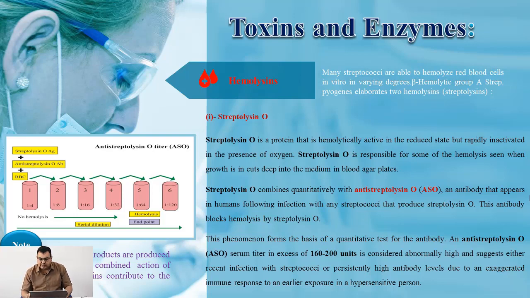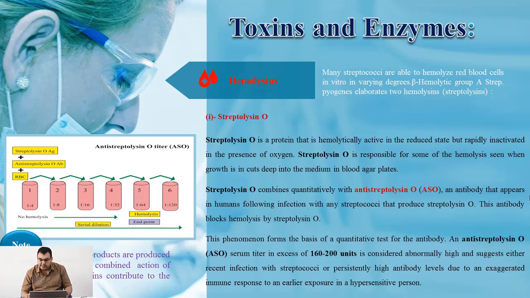Hemolysins. Hemolysin is divided into two. Streptolysin O is a protein that is hemolytically active in the reduced state but rapidly inactivated in the presence of oxygen. Streptolysin O is responsible for some of the hemolysis seen when growth occurs in deep stabs into the medium in blood agar plates.